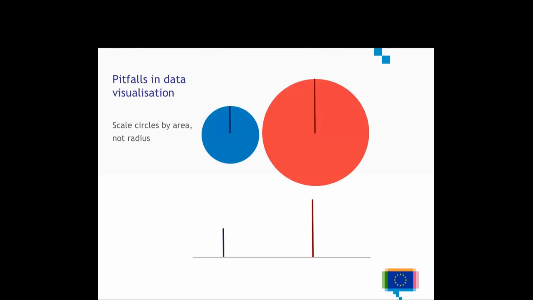A bar chart would have been correct in this case. By mapping the data to the radius of the circle, the difference between the numbers was actually squared and blown up, and in the end the area of the circles was not proportional anymore to the real data.